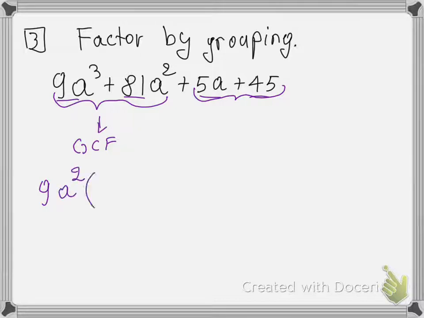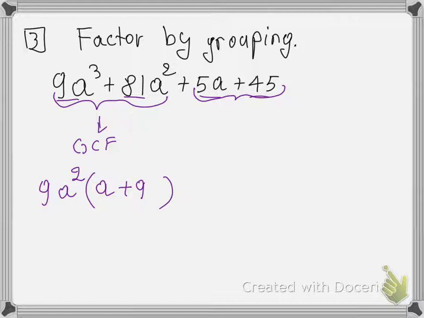And then we're going to multiply this by the quantity of a. How did I find a? 9a to the third divided by 9a squared is a. And then 81 divided by 9a squared is 9. So 9a squared times the quantity a plus 9 is 9a to the third plus 81a squared.